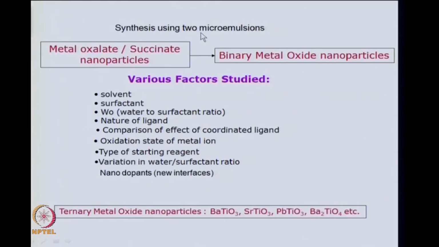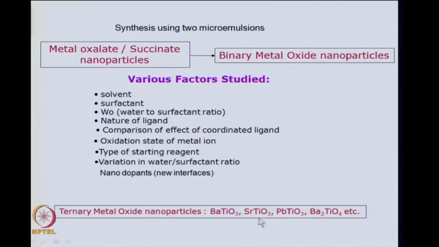So, here we will discuss first the synthesis of metal oxalates using 2 microemulsions, and then we can enhance this. Instead of 2 microemulsions, we can take 3 microemulsions and get ternary phases, and then get ternary oxide materials like barium titanate, strontium titanate, where you have 2 metals and 1 oxygen. So, it is a ternary system.